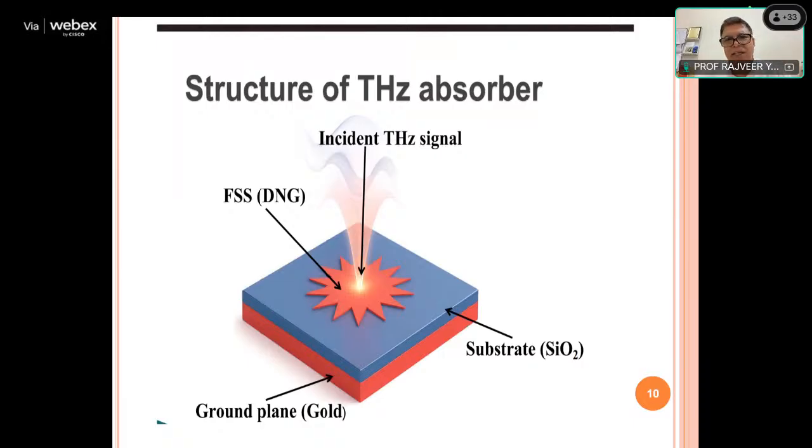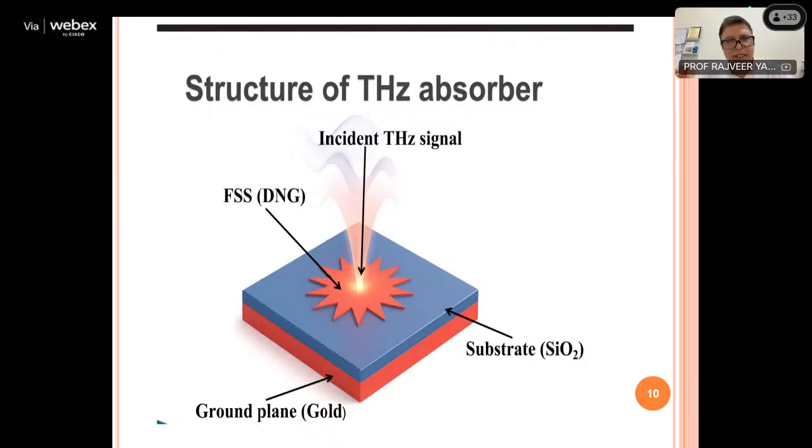With the help of that Floquet port structure, we are able to create an FSS structure. If you see here, this is a DNG FSS structure. When I say DNG, go to that particular quadrant, and then you will be able to respond what will be the design principle and design parameters, whether it will be an absorber or an antenna, and how the mode excitation will take place. Here I am able to clearly visualize that.